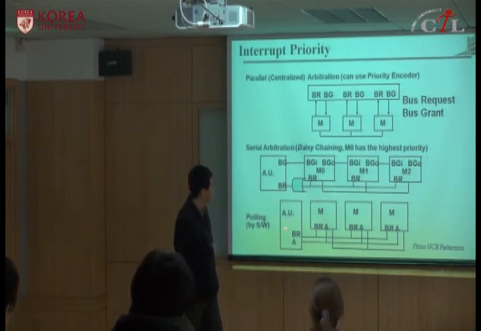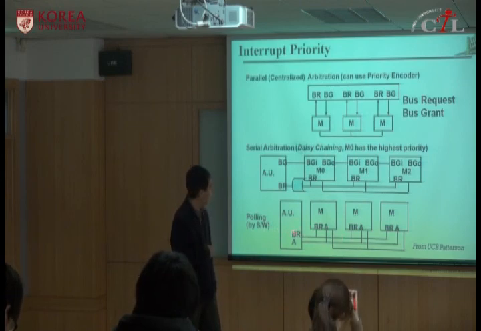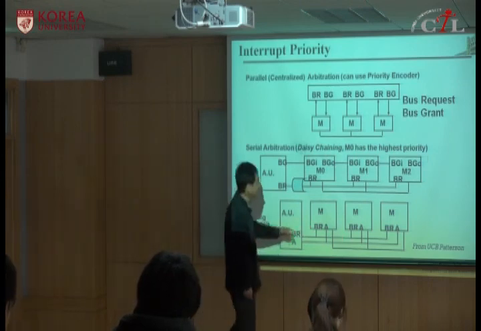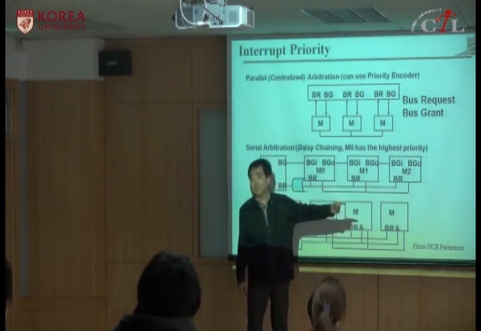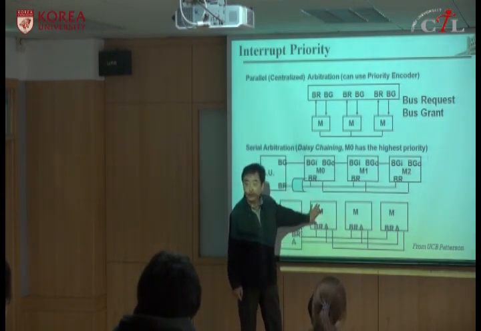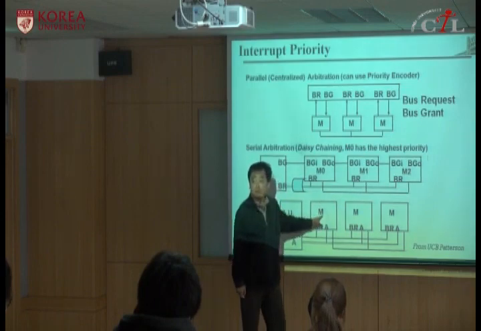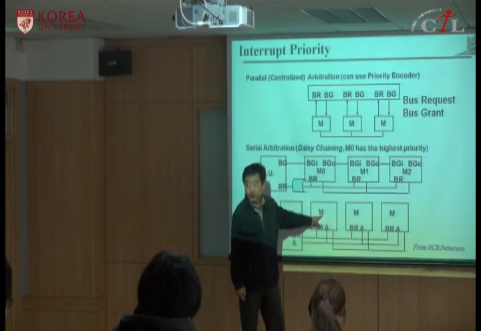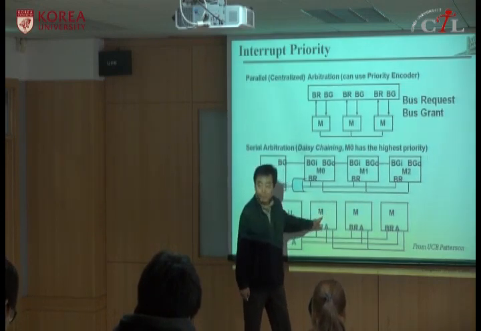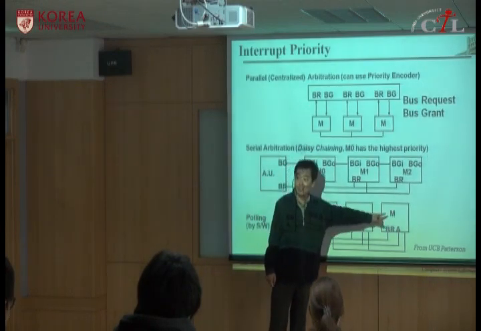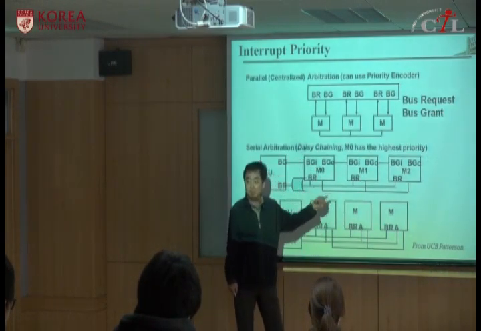Okay, the third type is called software polling. So when anybody is requesting, this arbitration unit is polling each device in priority order. So if this has the highest priority, do you want this? Do you want interrupt grant? Did you request? No. Did you request? No. Did you request? One by one.